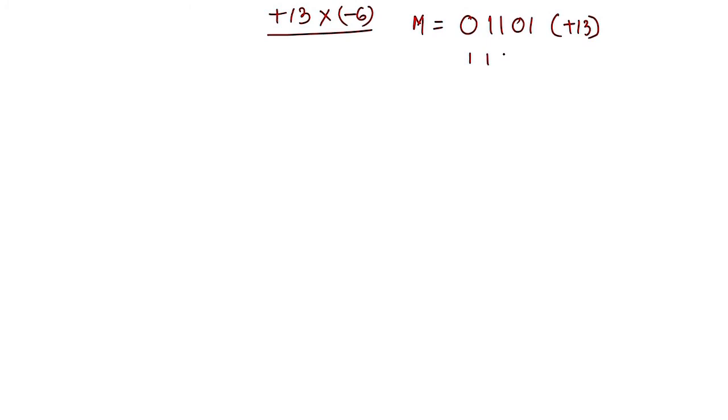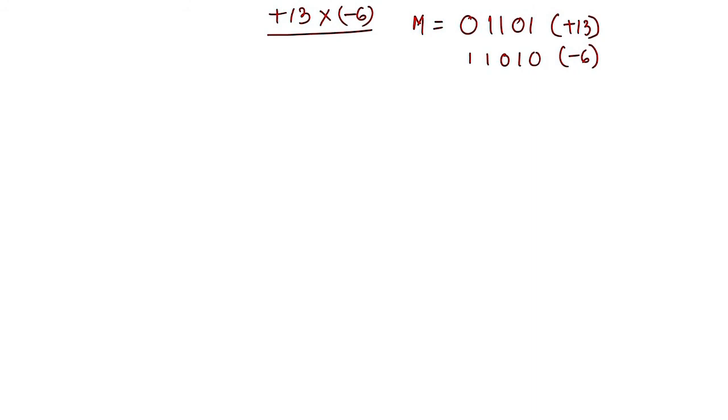So, now suppose we want to multiply 13 and minus 6. So, 13 is nothing but, so multiplicand is 0 1 1 0 1. Okay. So, this is 13 and minus 6 you have to write as 1 1 0 1 0.